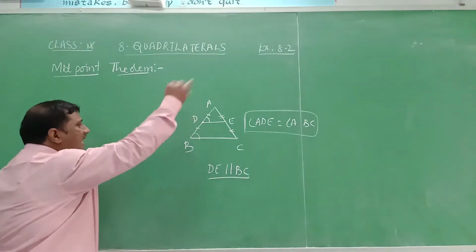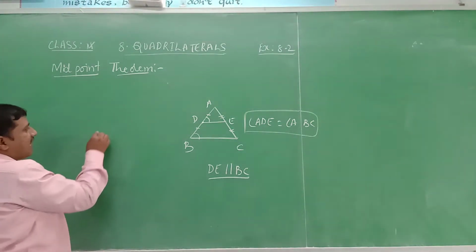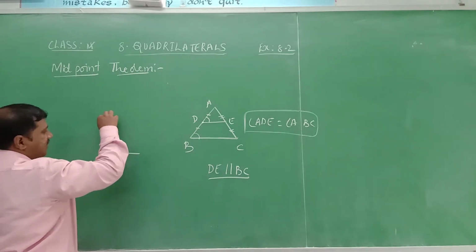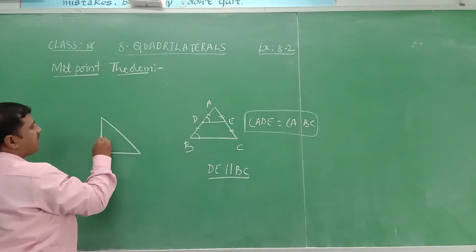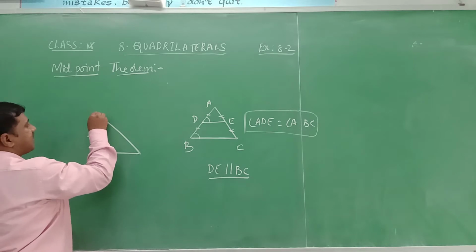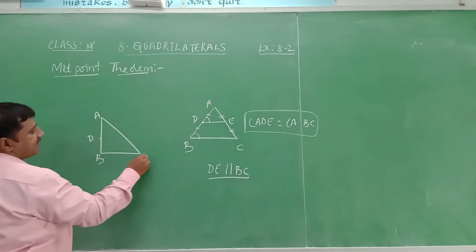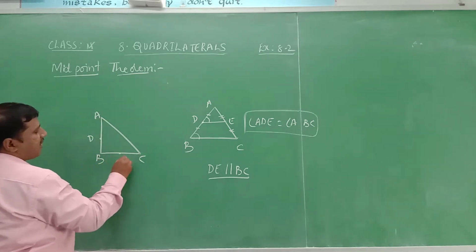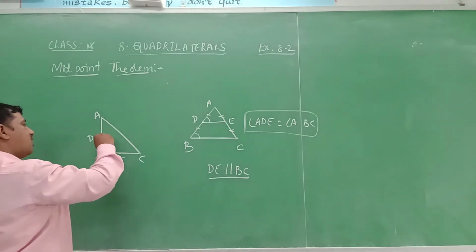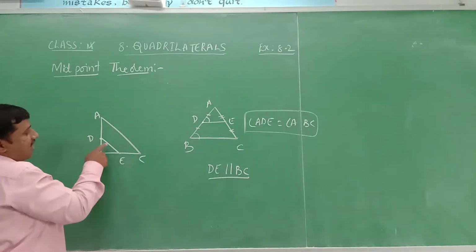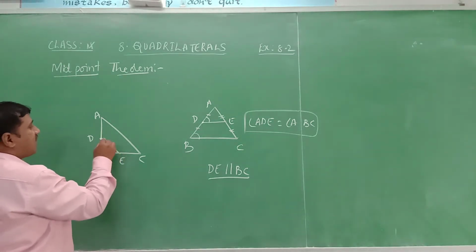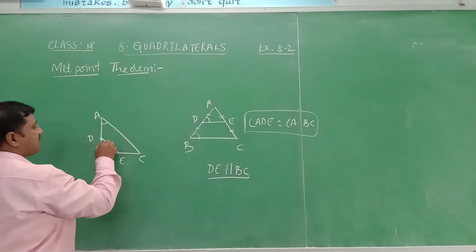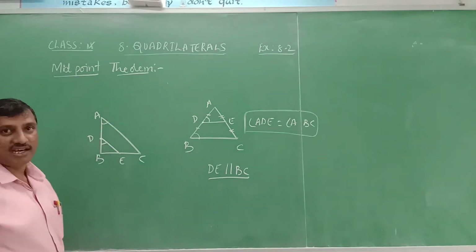You take any kind of triangle. Here I have taken a right angle triangle. And you take two midpoints of two sides. Let this be A, B, C. D and E are the midpoints of AB and BC. Join these two, we get a line segment. On this DE, measure this angle, and here on this angle, you will find both the angles are equal.